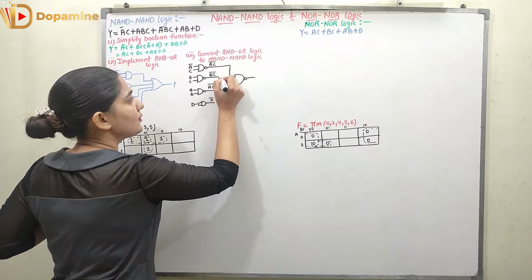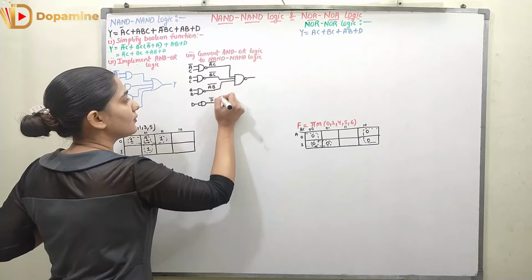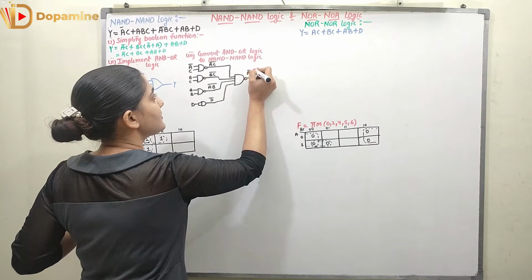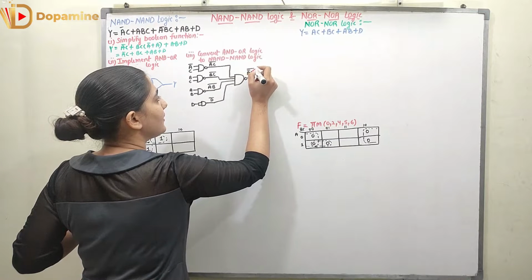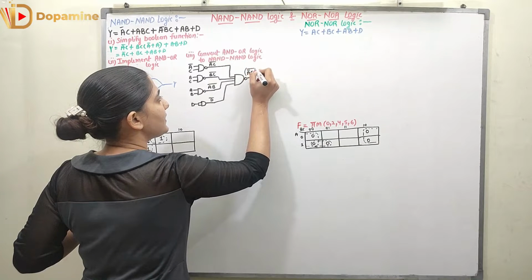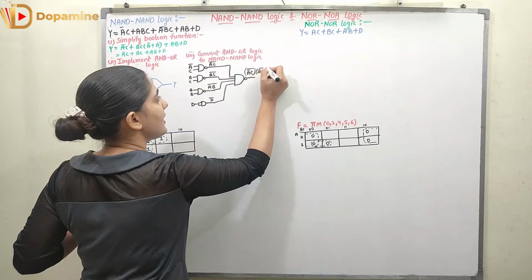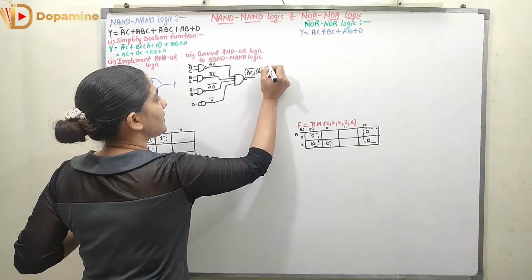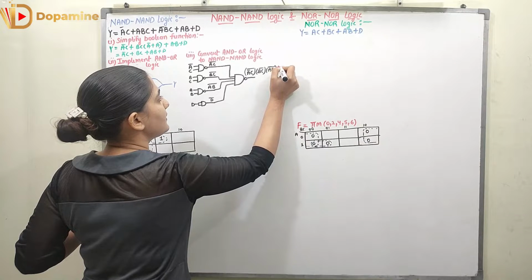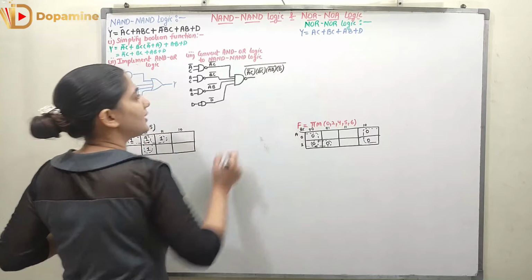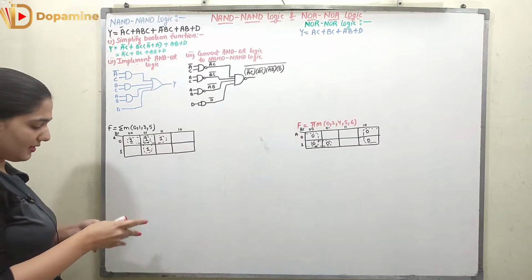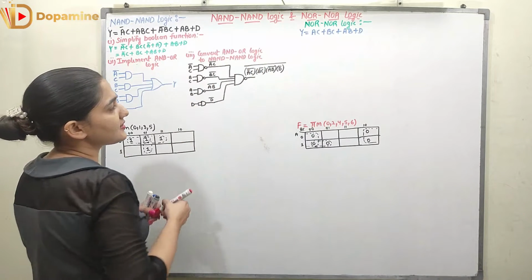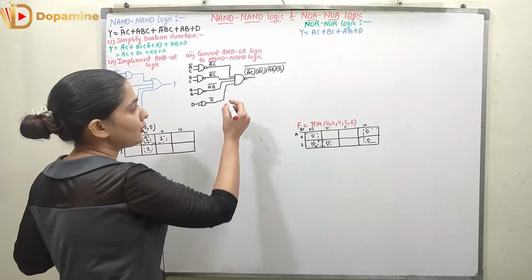Now here the output will be a bar c whole bar, multiplied with bc whole bar, multiplied with ab whole bar, multiplied with d bar, and we have to take the complement of all of them. Now how is this equal to the function? Let's see. We can apply De Morgan's law.